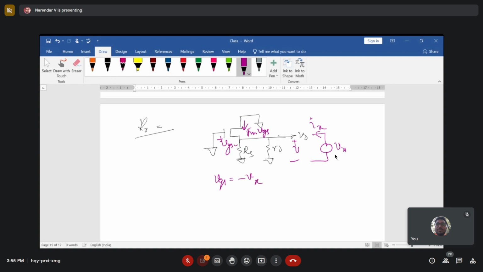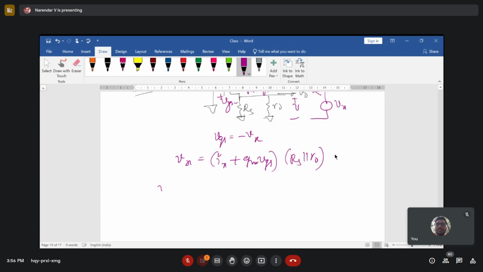So here VGS is minus Vx, okay, and Vx is equivalent to Ix plus Gm times VGS into Rs parallel with R naught. Vx is Ix Rs parallel with R naught minus Gm into Vx Rs parallel with R naught.